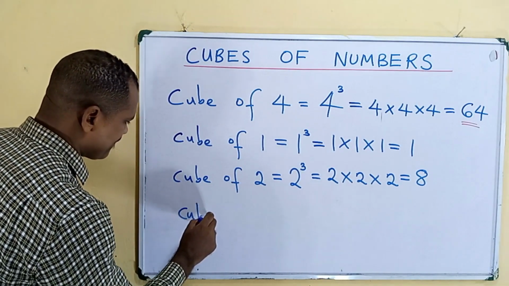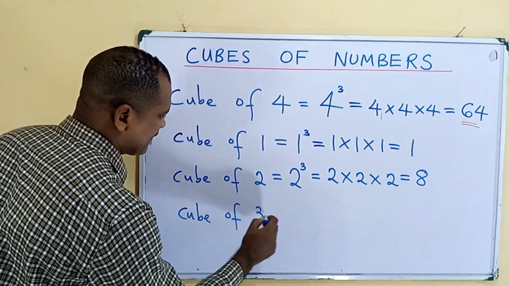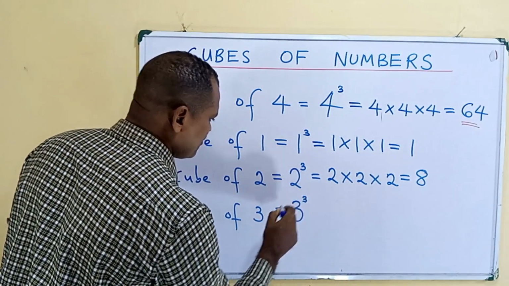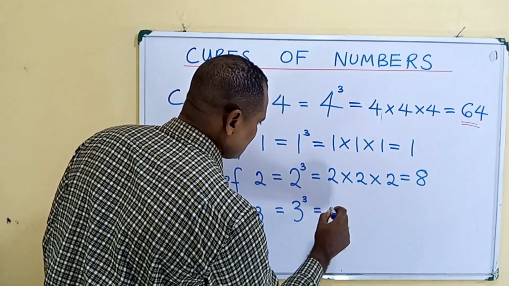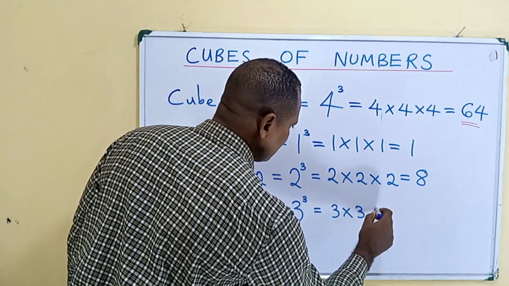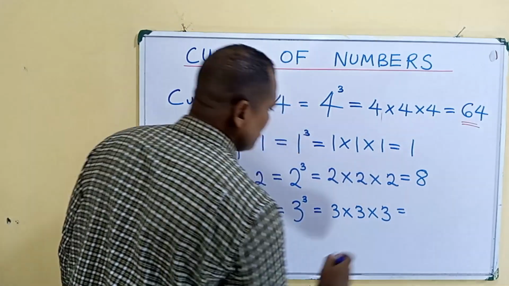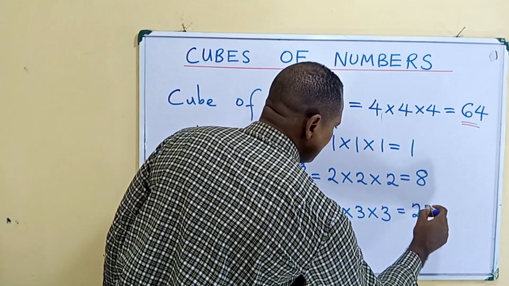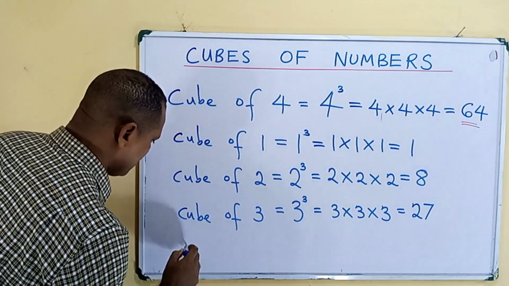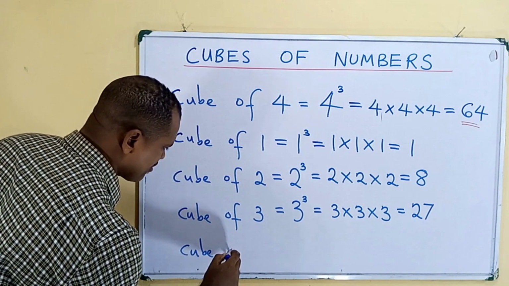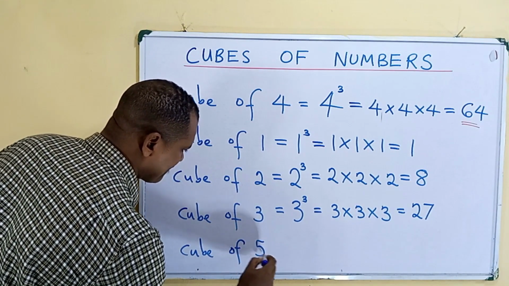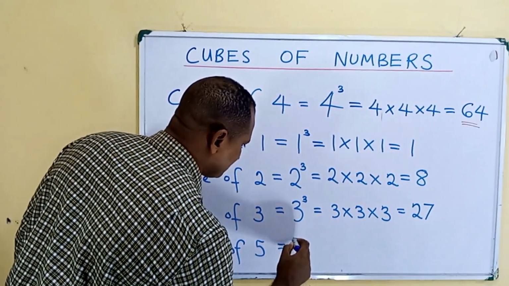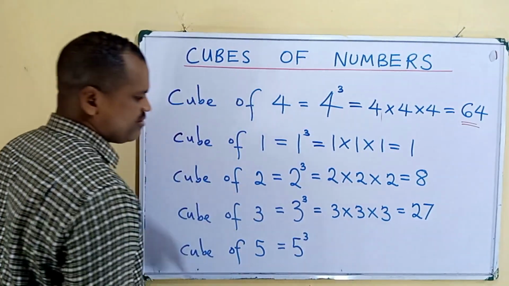Cube of 3 is written as 3 raised to the power 3. And this means 3 times 3 times 3. And this will give you 27. The cube of 5, because we have done that of 4 here. Cube of 5 is written as this.